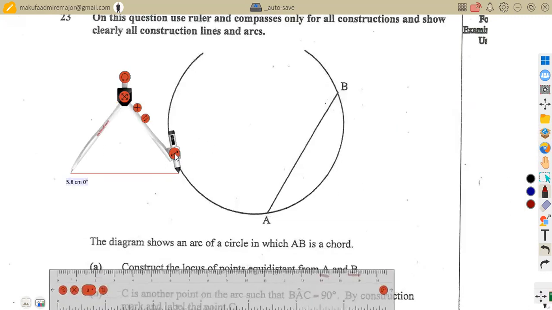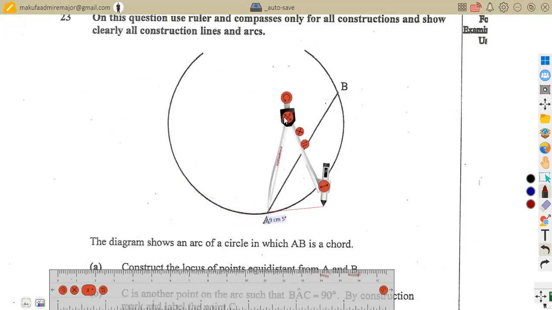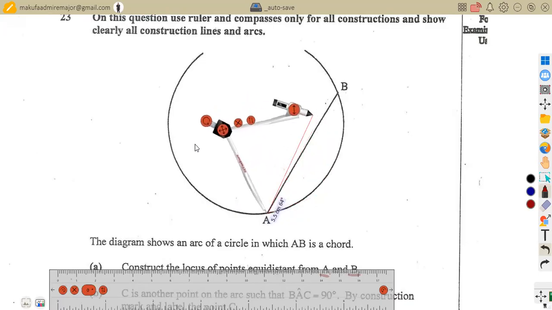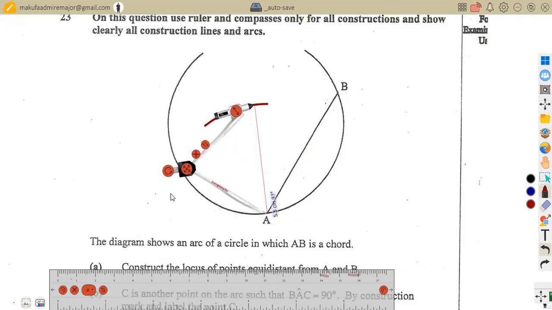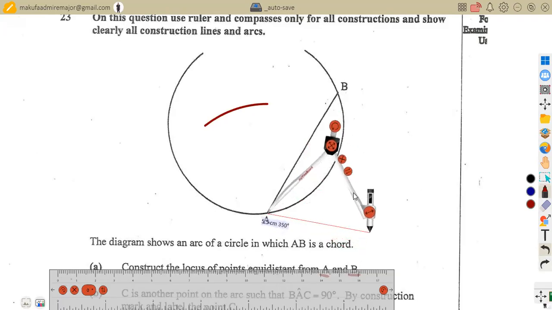How do you bisect a line? Remember, all you need is to just open more than half a line. So here at point A, we are going to open more than half of the line. We mark an arc where we expect our bisector to be, somewhere here. Another arc on the other side, we expect our bisector to be somewhere here.